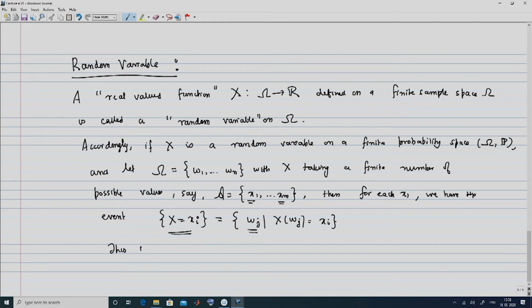This implies that the event that X is less than or equal to x I is all those omega j's such that X of omega j is less than or equal to x I.